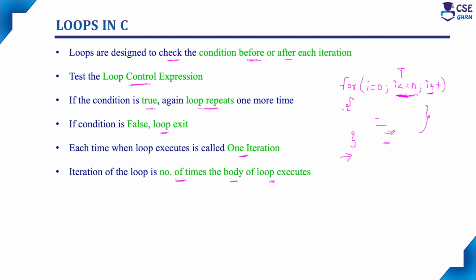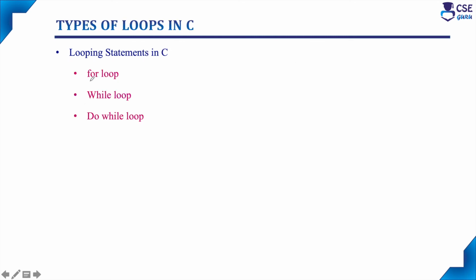If you are considering the condition checking, the looping statement will check the condition either before executing the body of the loop or after executing the body of the loop. Based on that, there are three looping constructs. One is for loop, two is while loop, and three is do while loop.